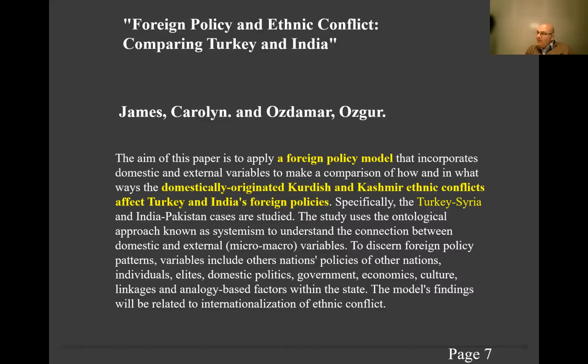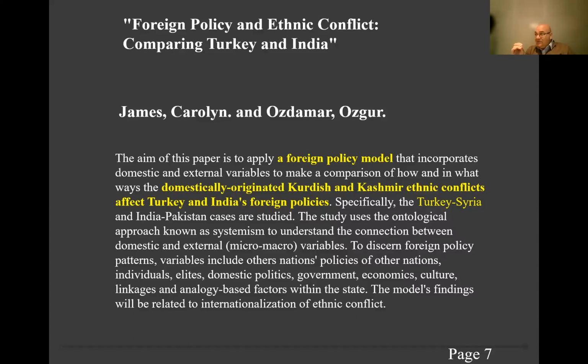Turkey had a Kurdish problem. India had a Kashmir problem. Turkey had border problems with Syria. India had border problems with Pakistan. Two different countries, do you see? Very different countries, but they had border problems, consequences, terrorist activities. That's the argument. This is most different systems design.